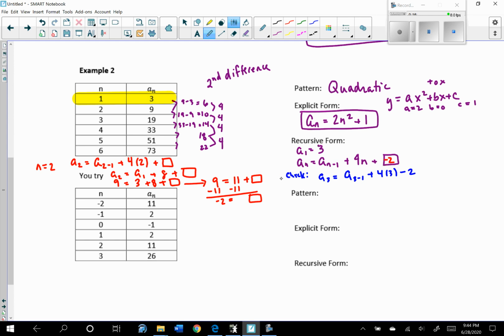We're checking it by using n equals 3, the third term. So a sub 3 is equal to 3 minus 1 is 2 plus 12 minus 2.